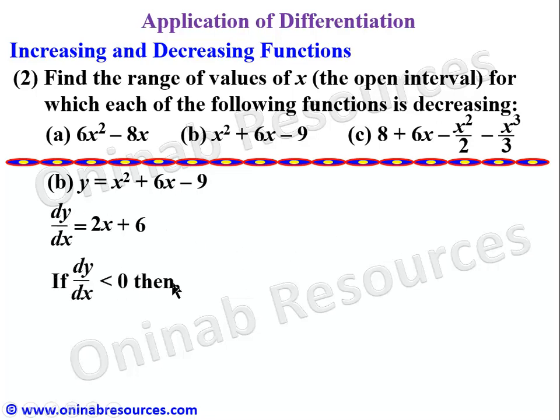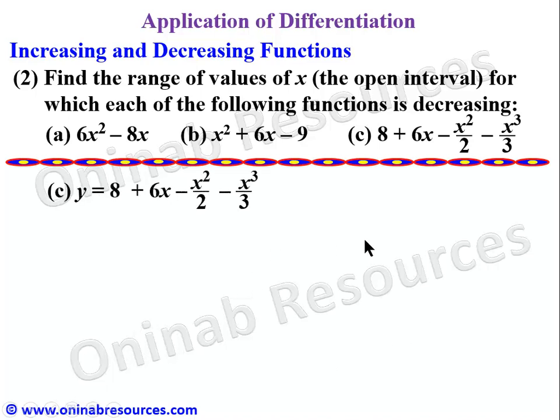So if dy/dx is less than 0, then 2x plus 6 is less than 0. Taking this to this side and dividing by 2, we have x is less than -3. And expressing it as an open interval, we have -infinity, -3. And that is the end of the solution to problem B.